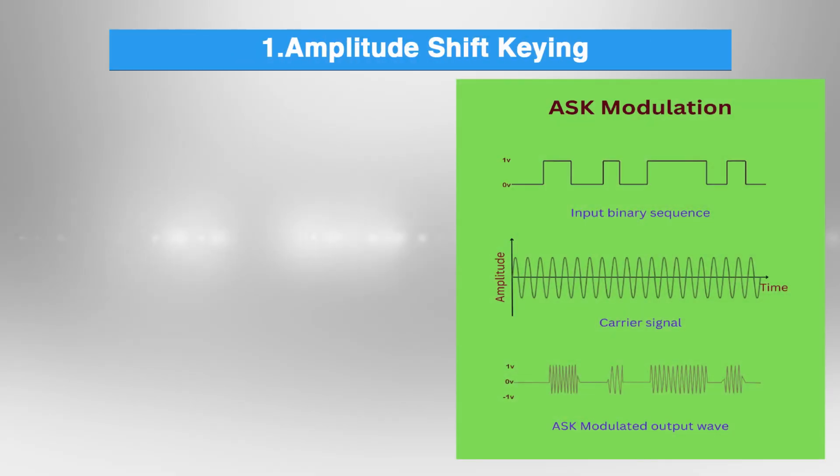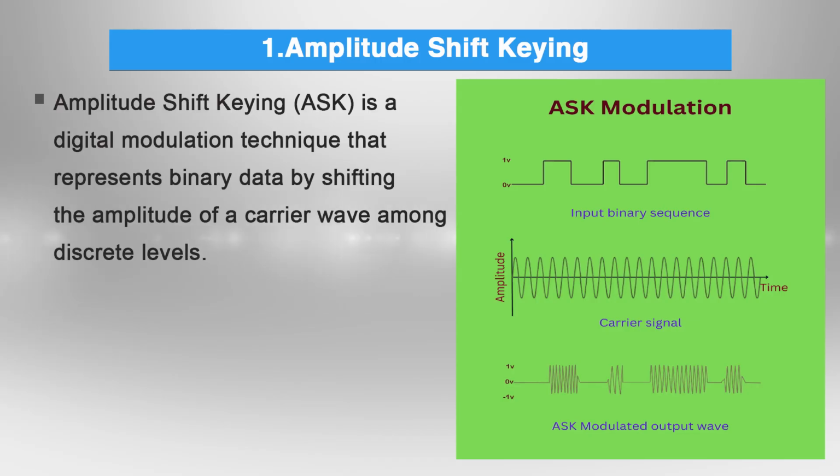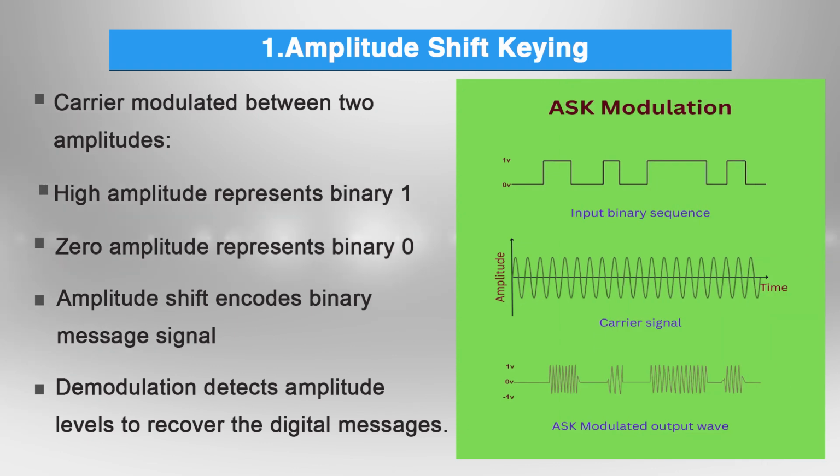First type of shift keying is amplitude shift keying. Amplitude shift keying (ASK) is a digital modulation technique that represents binary data by shifting the amplitude of a carrier wave among discrete levels. Here, the carrier is modulated between two amplitudes, high amplitude and zero amplitude.